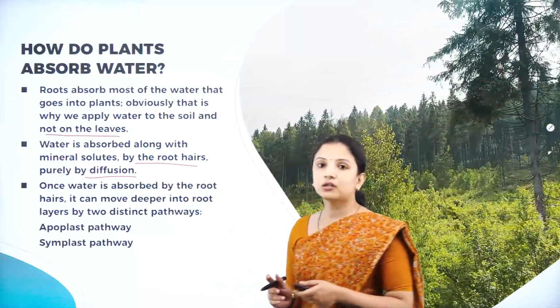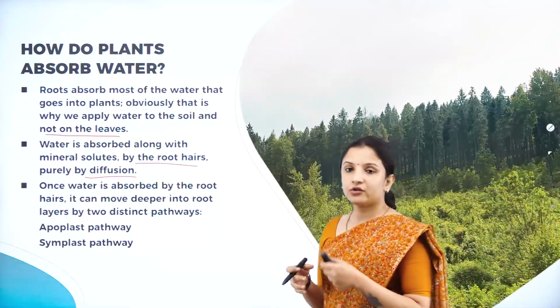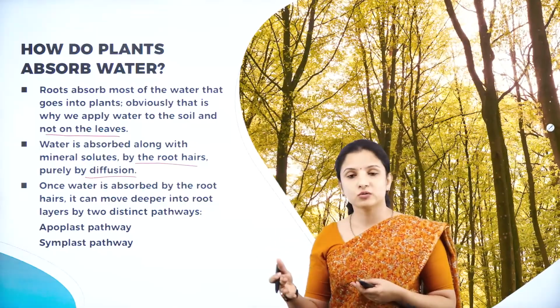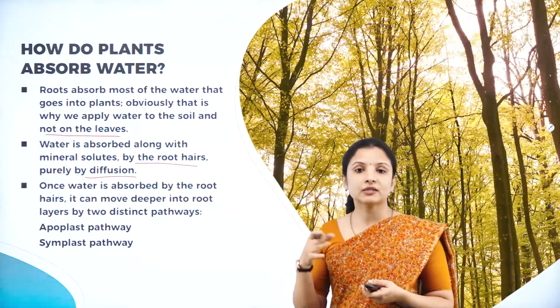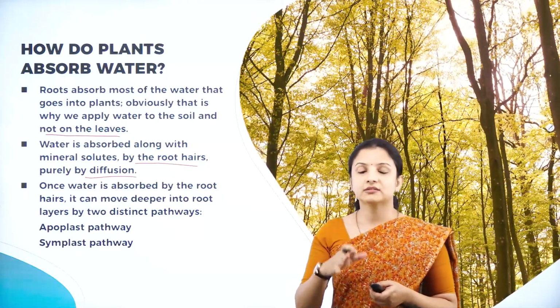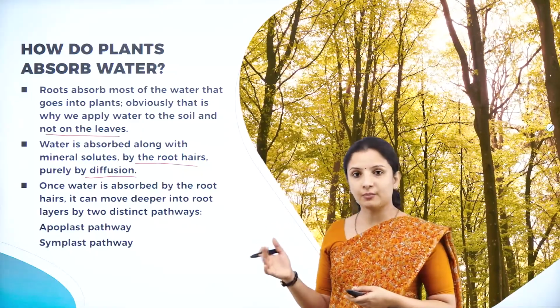And once water is absorbed by the root hairs, it moves deeper into the roots. So it has to move into the roots, right? Moving into the root means it has to move to the other parts of the roots, such as the epidermis, then the cortex, then the endodermis, the pericycle, and then into the vascular bundle, right?